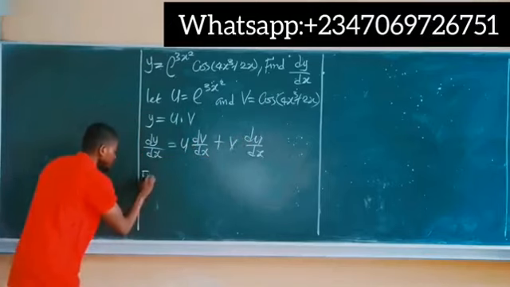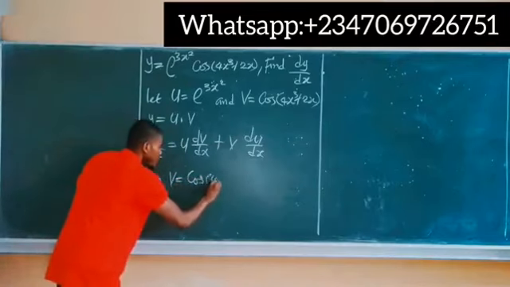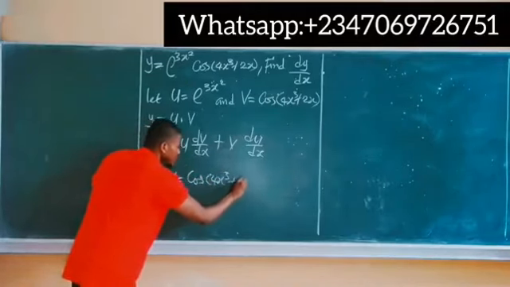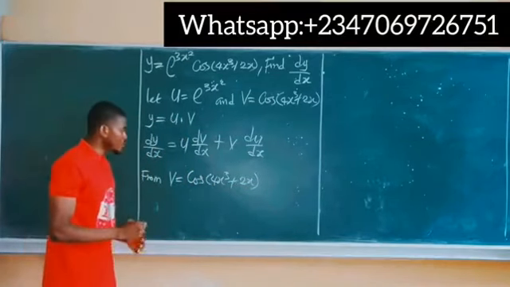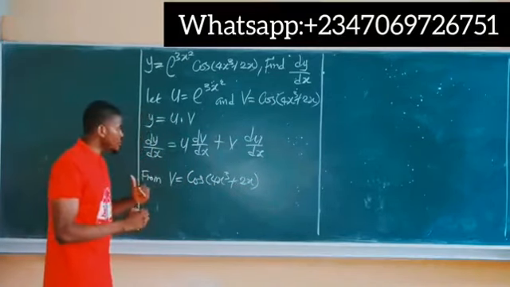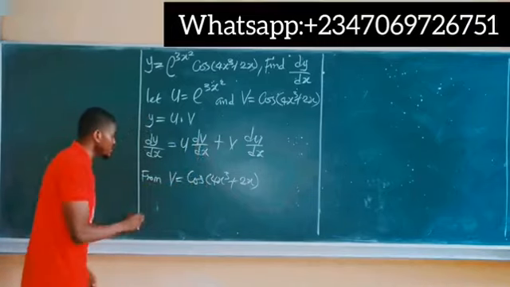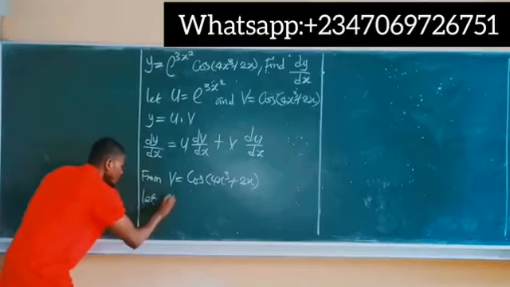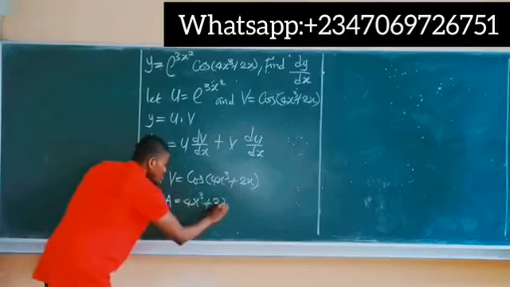Now, from v equals cos 4x cubed plus 2x, we need to find what dv dx is. But before we do this, let's simply say let a be equal to 4x cubed plus 2x.